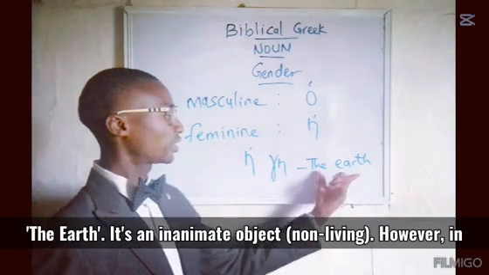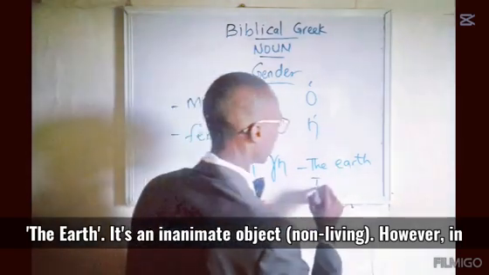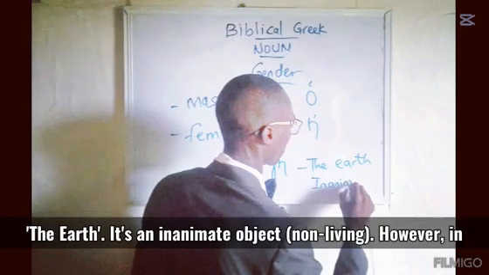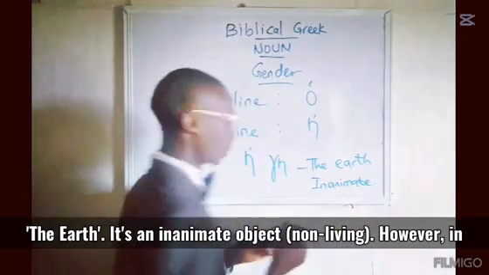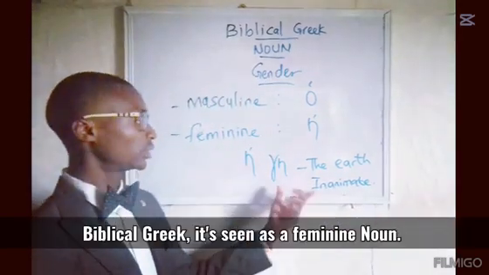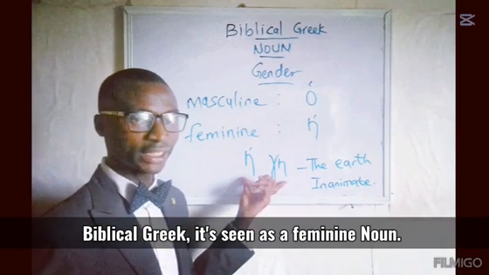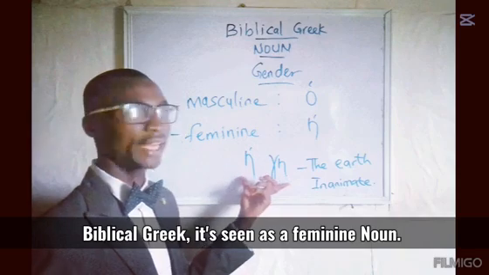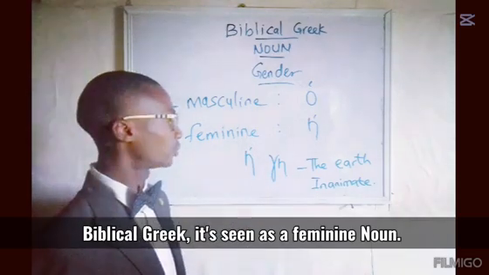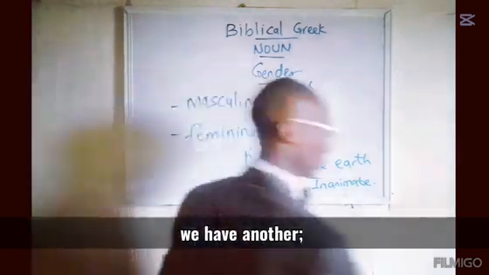Now the earth is an inanimate object as well. It's not living. However, in Biblical Greek, it's seen as a feminine noun. It's a feminine noun.